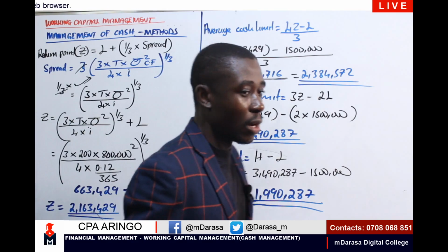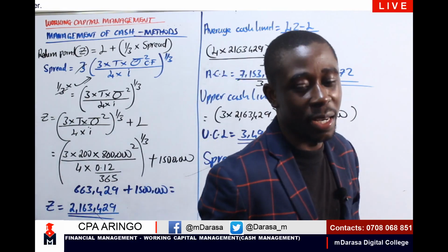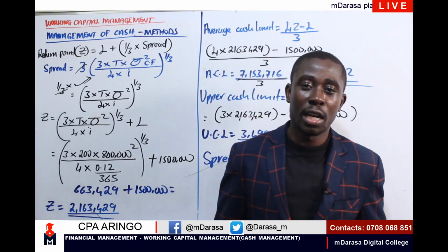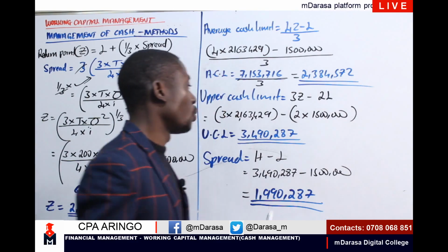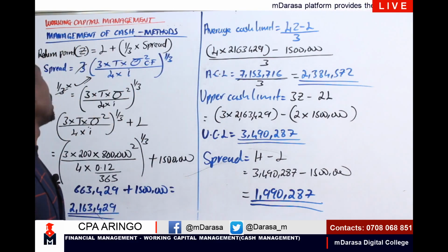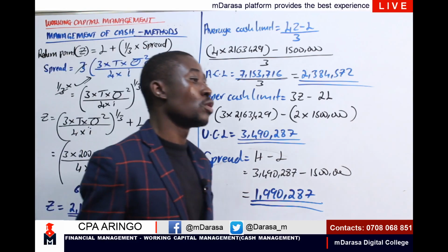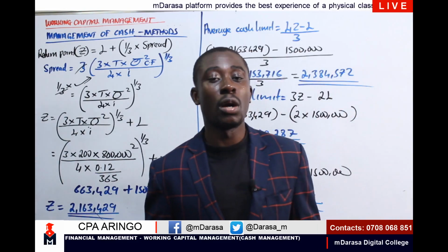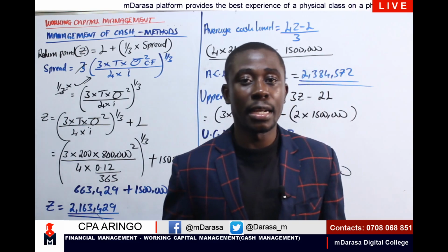Of course, if you are in our classes, you've seen the video there for the Baumol cash management model, which will enable you to understand the whole concept of working capital management. So in summary, working capital management is just a matter of making sure that we effectively use our current assets and current liabilities.